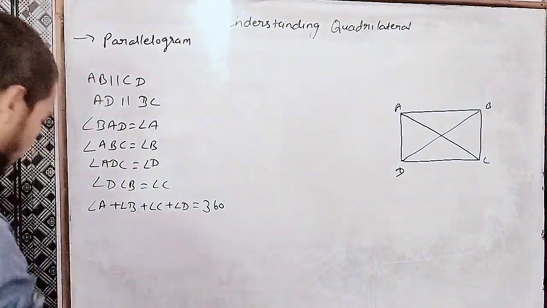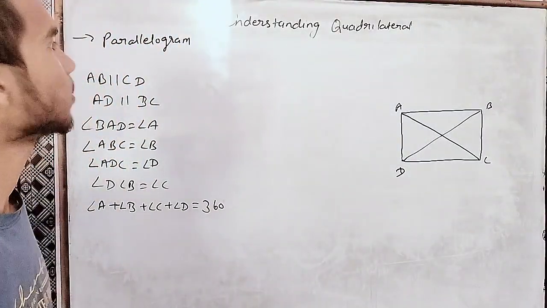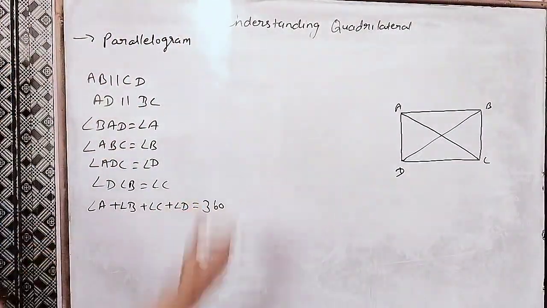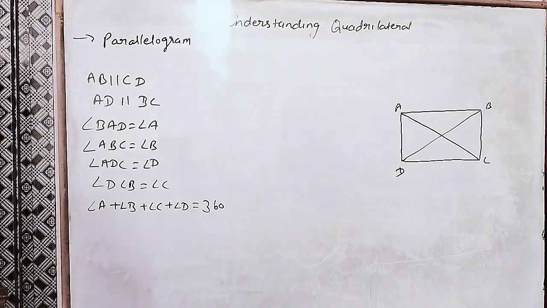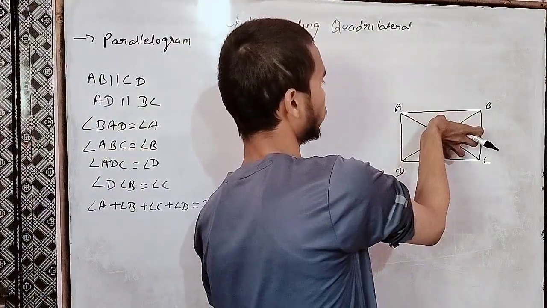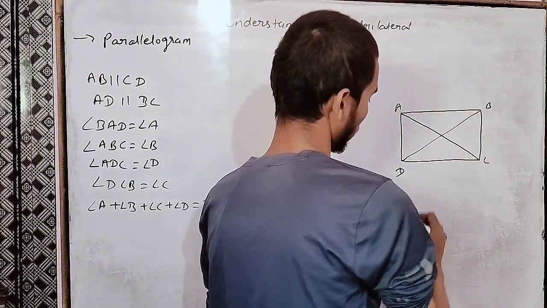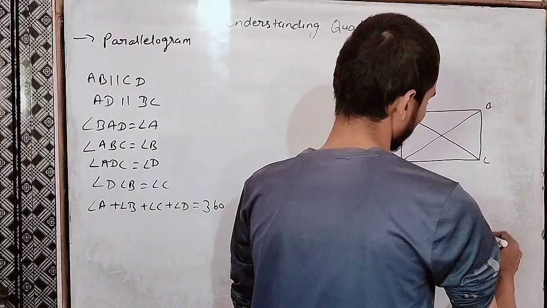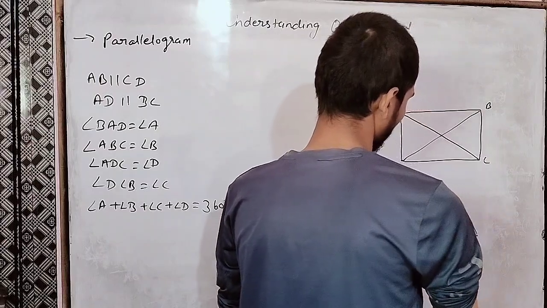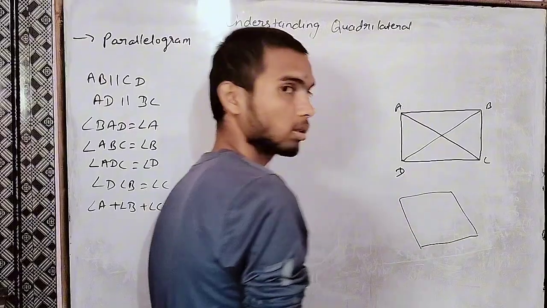So this quadrilateral can be said to be a parallelogram because we have two pairs of parallel lines. You can have it like that also. Here these are parallel lines and these are parallel lines.